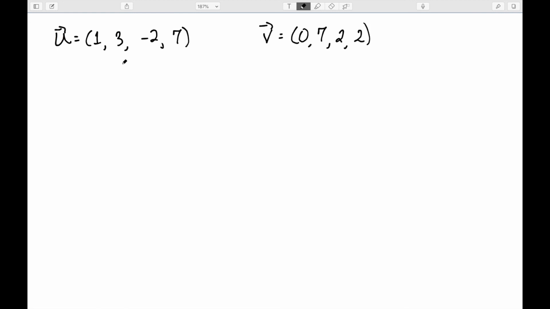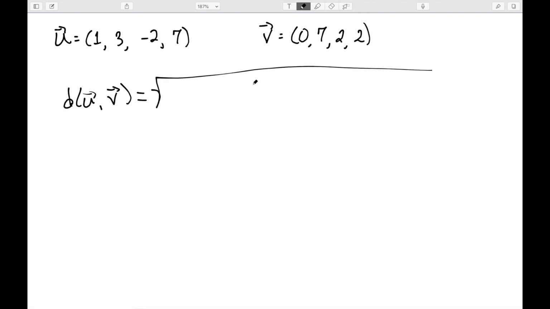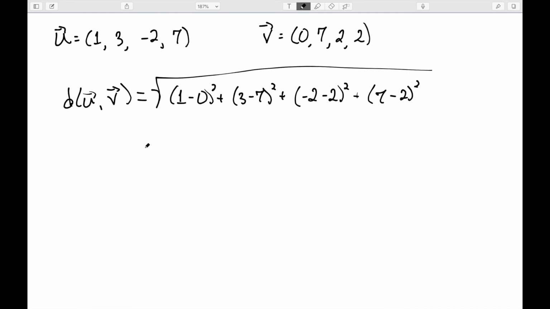Let's let u be equal to 1, 3, -2, 7, and v be equal to 0, 7, 2, 2. Then the distance between u and v, this would be the square root of, and we subtract 1 minus 0 squared for the first coordinates, plus the second, 3 minus 7 squared, plus the third, -2 minus 2 squared, plus the fourth, 7 minus 2 squared.